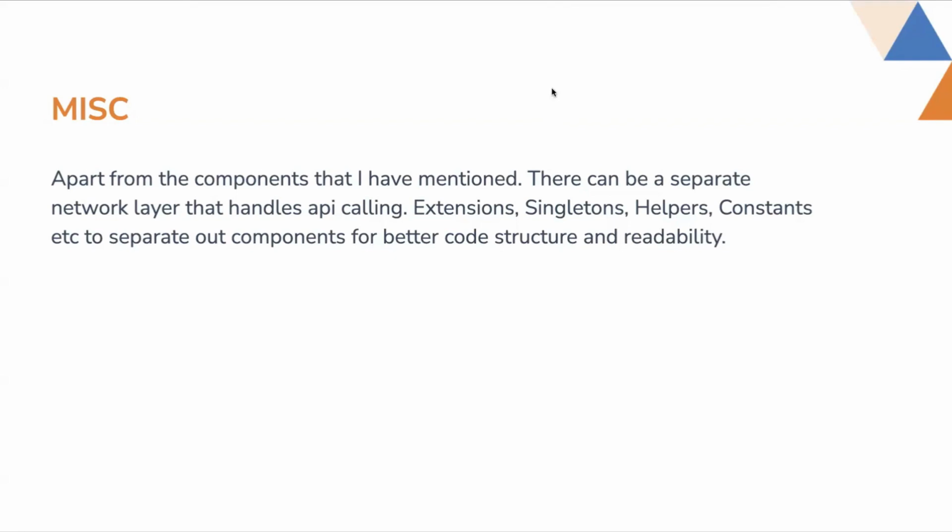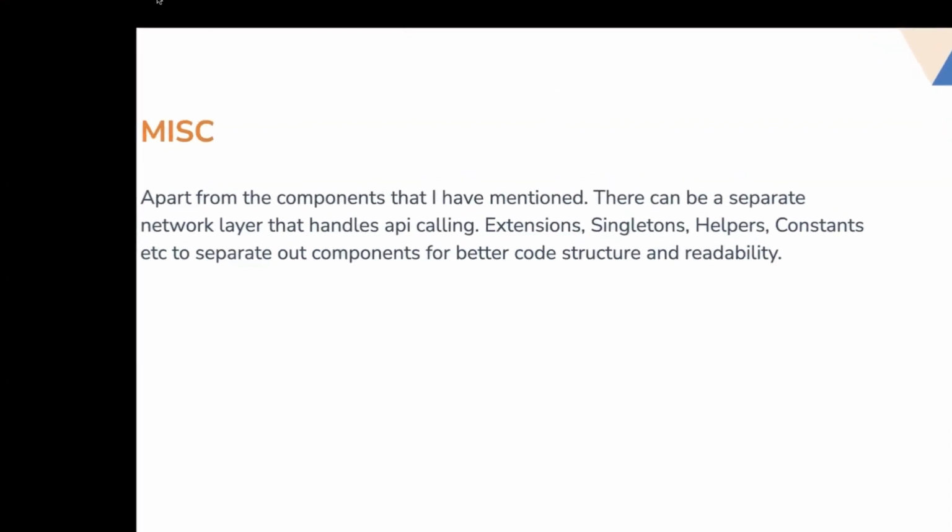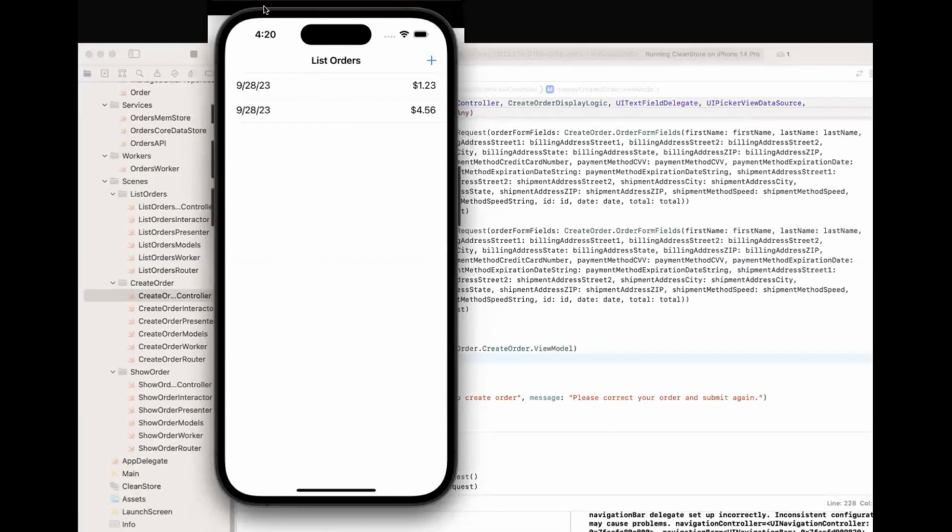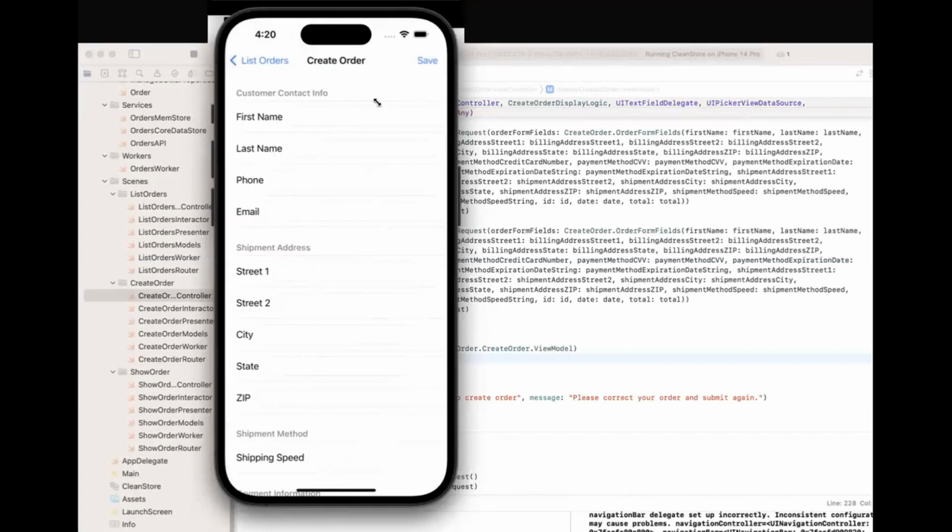Okay, now we'll see the live example of what I have created on Xcode. So I have one app over here. This displays a list of orders, and here you can create an order.